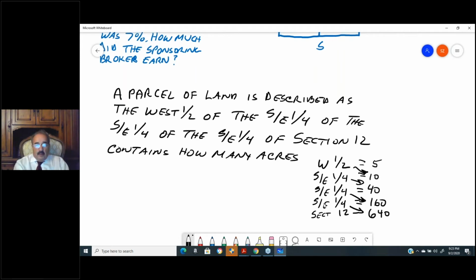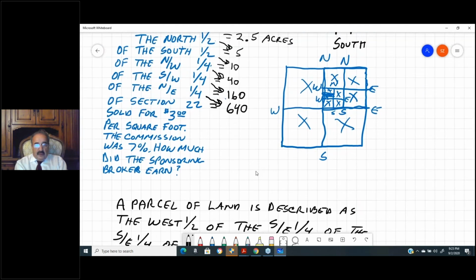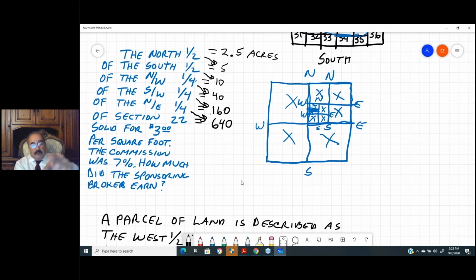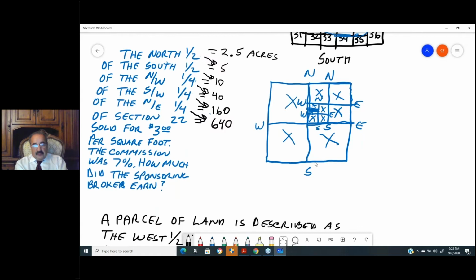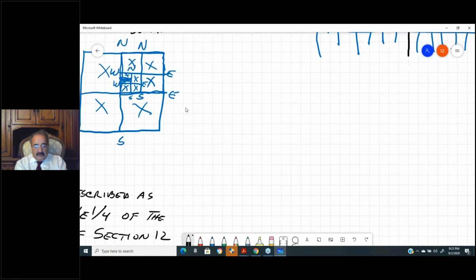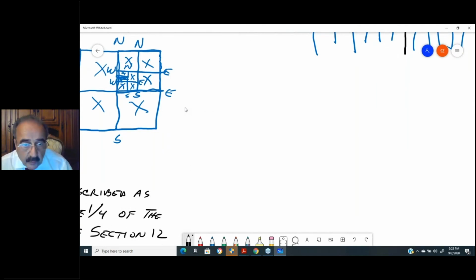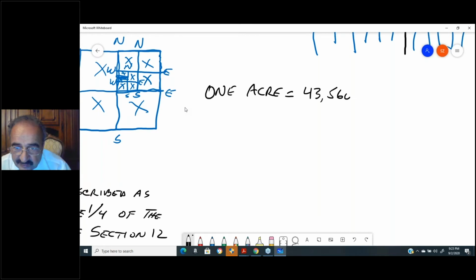Very good. But let me go back to this problem to solve this particular problem here. So we wound up with 2.5 acres. So here's something else you need to know. And this is a number you cannot forget. 1 acre equals 43,560 square feet.